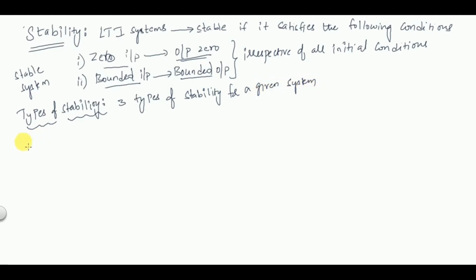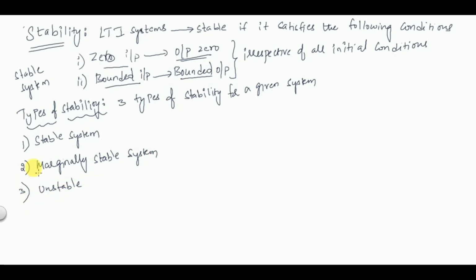One is stable system, the second is marginally stable system, and the third is unstable system.